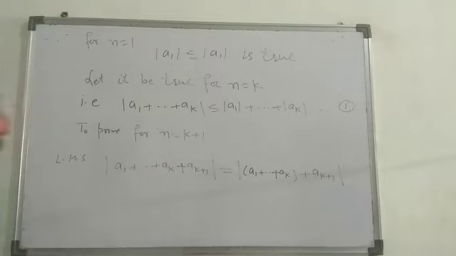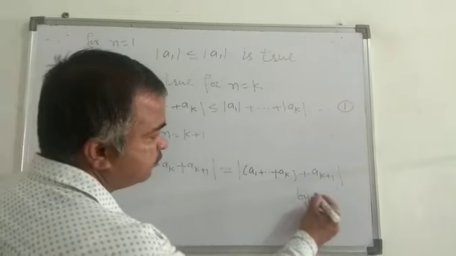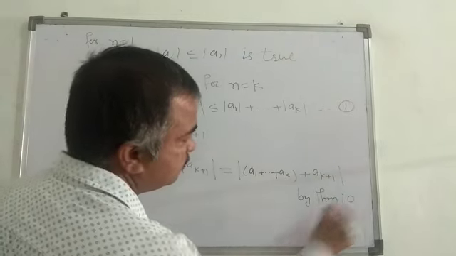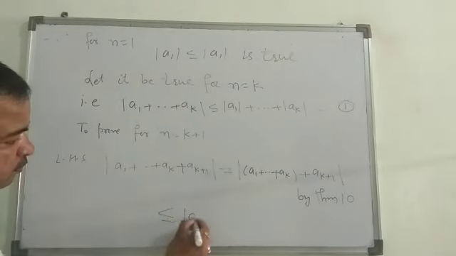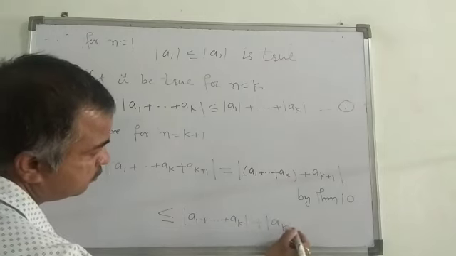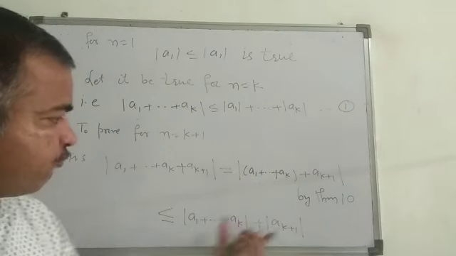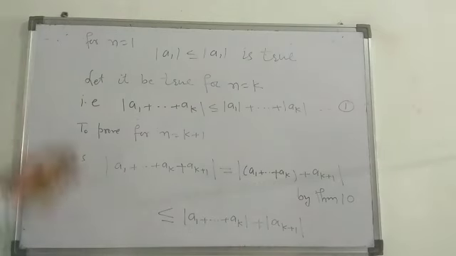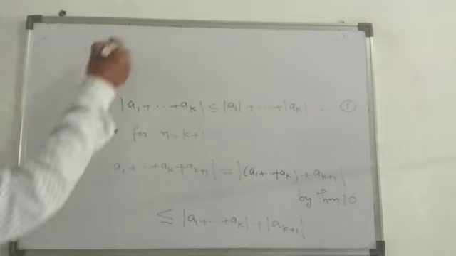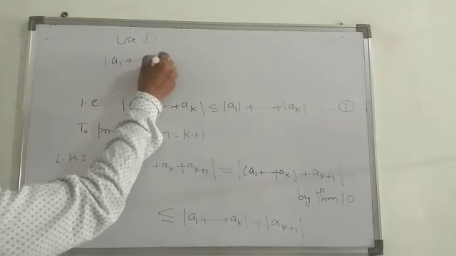Now by theorem 10, |a + b| is less than or equal to |a| + |b|. Now using (1), we have the result.